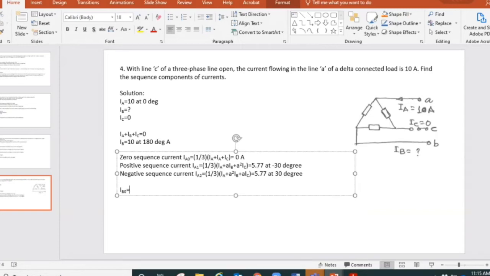What do you think will be IB0? Anyone? It'd be 0, sir. It would be 0. It will be 0, but why?